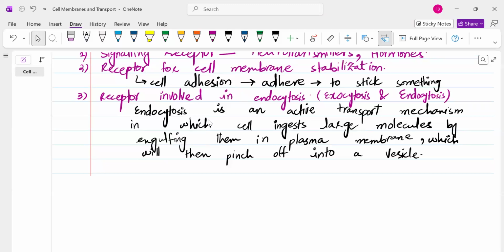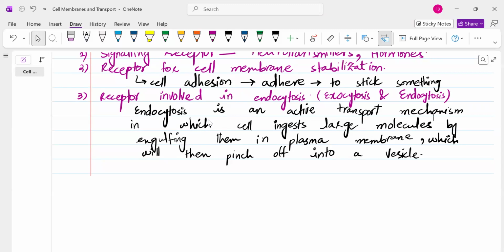So there are some receptors as well which help to recognize the antigen. They will respond to that particular type of pathogen. Are you getting my point?